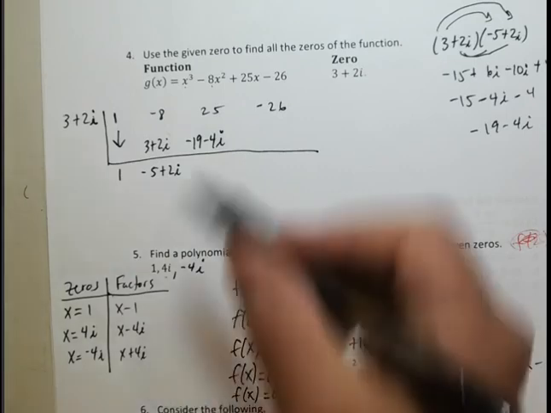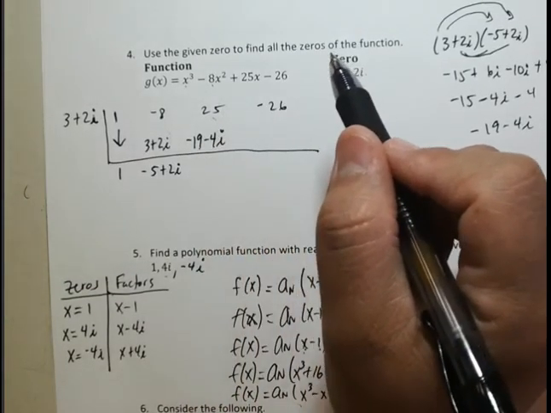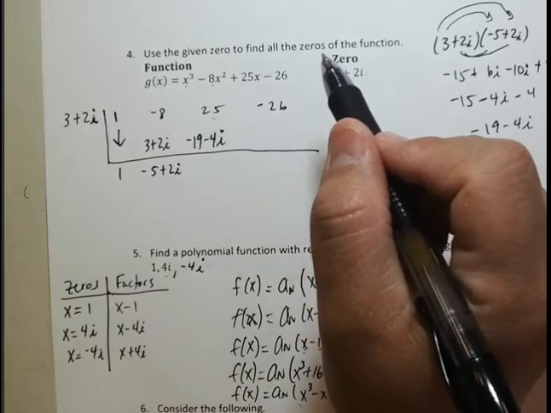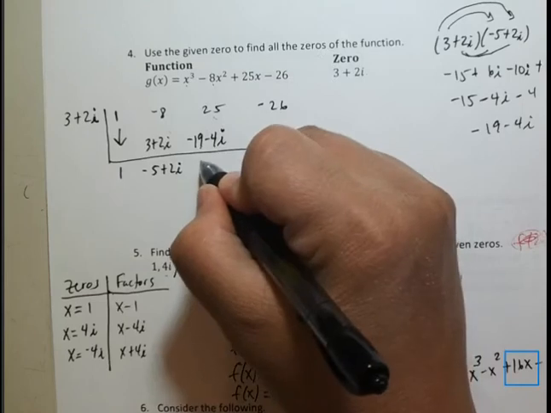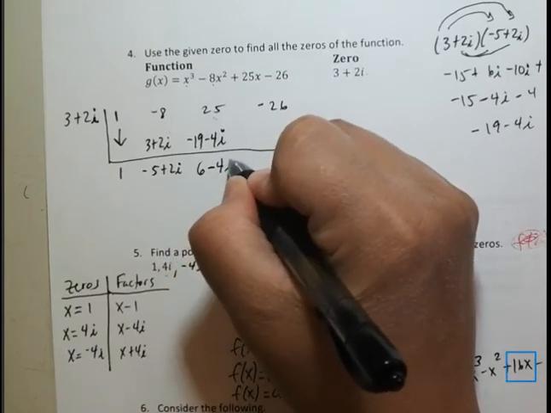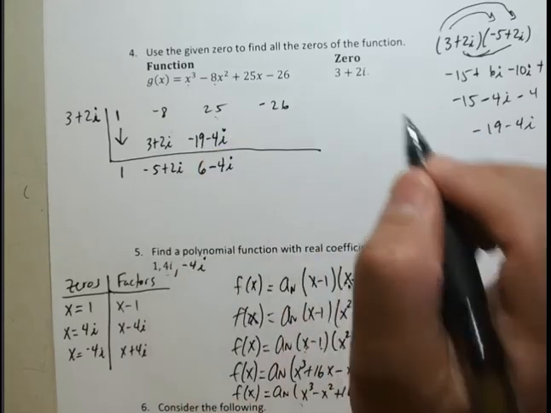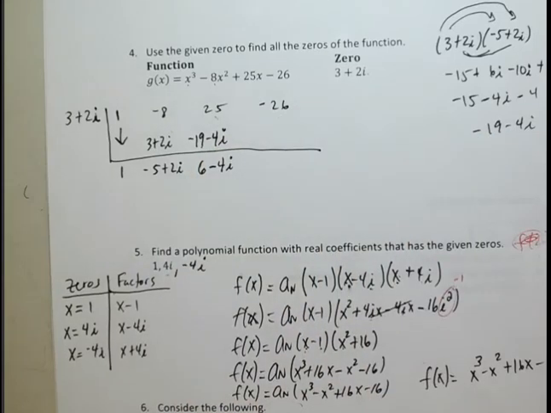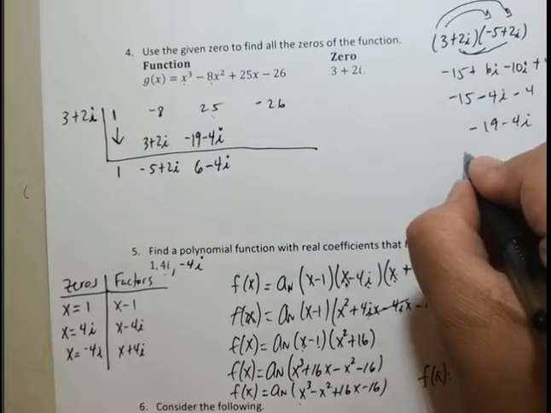Okay, so if we add 25 plus negative 19, it is going to be what? 6? And then we need to multiply again, right?